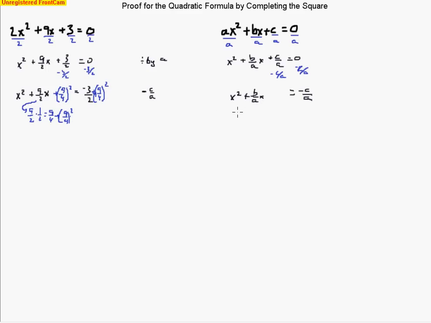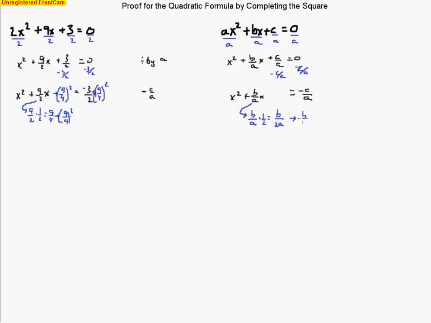And so over on this side, I do the same thing. I figure out what it is that adds to make b over a. Well, just take that b over a and multiply it by 1/2. So I'm left with b over 2a. And then again, I know that's the number that's going to go inside the factored form when I factor that perfect square trinomial.